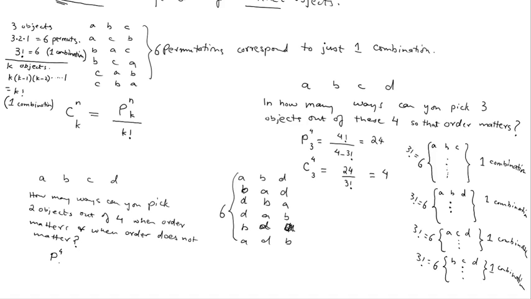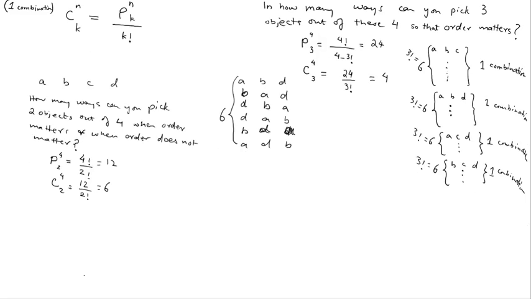So from four objects, I need to pick two objects, and परम्यूटेशन सर 12 आएगी yes, और कॉम्बिनेशन 6 आएगी. Over 4 minus 2 is 2 factorial. So this is going to be 12, and combinations are going to be just this 12 divided by 2 factorial, which is 6.